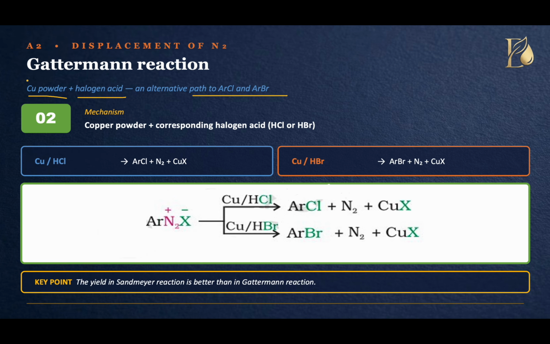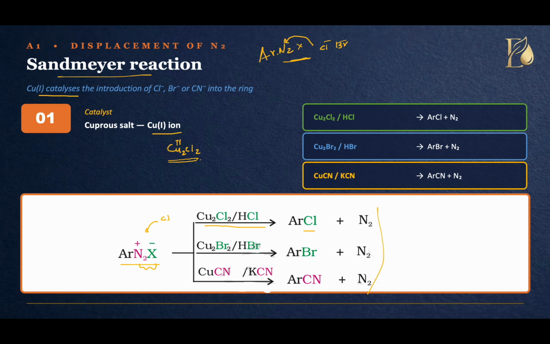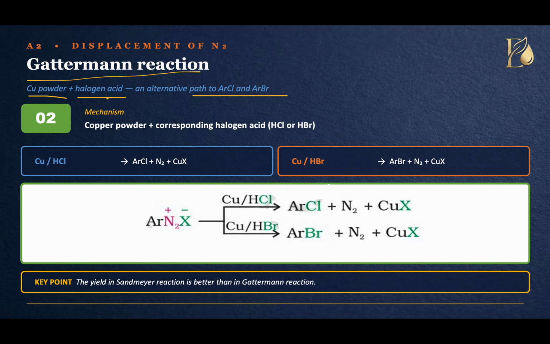exams. So Gattermann reaction, what are the reagents? Copper powder plus halogen acid. But in Sandmeyer's reaction, it was cuprous salt as a catalyst, right? Now we can see some examples of Gattermann reaction. When a diazonium salt reacts with copper and hydrochloric acid, it produces the corresponding chlorine substituted aromatic compound, and CuCl is also released along with that.